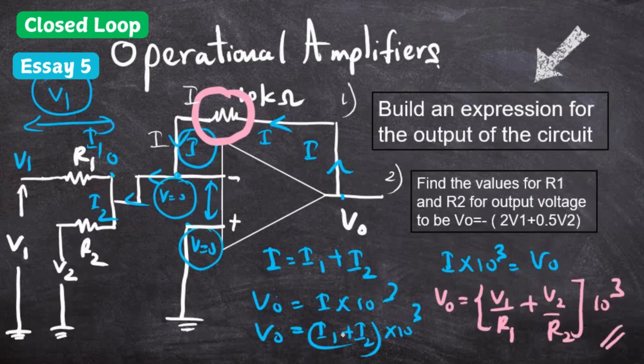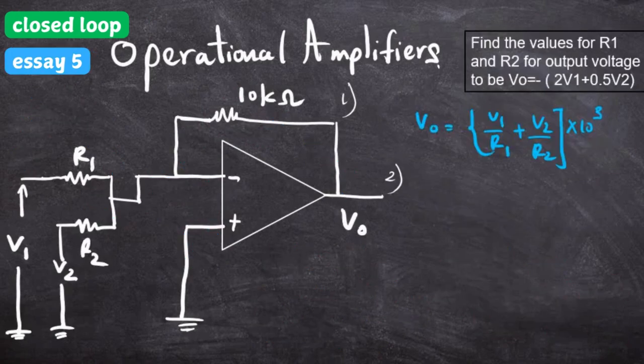This is our expression. You can get different variations, but this is the basic expression. Since the input is given to the inverting input, the final answer has to be minus this expression. So this is our final answer.